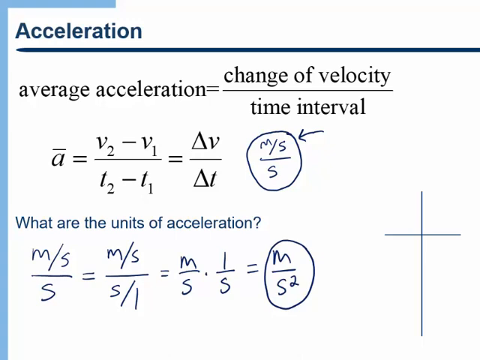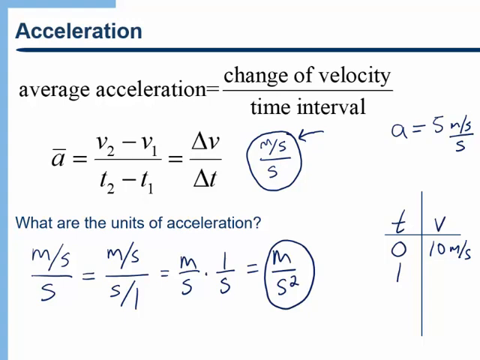So let's see how that gives us meaning. If I tell you that the acceleration is 5 meters per second per second, and I tell you that at time t equals 0, the velocity of our object is 10 meters per second, how fast would the object be going after 1 second?